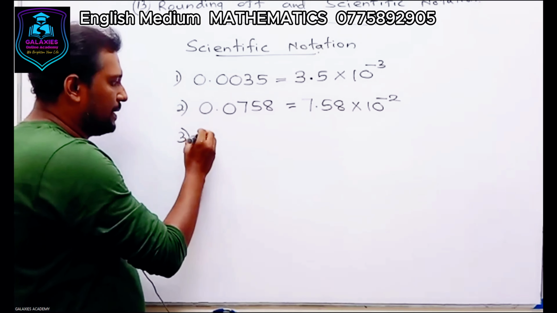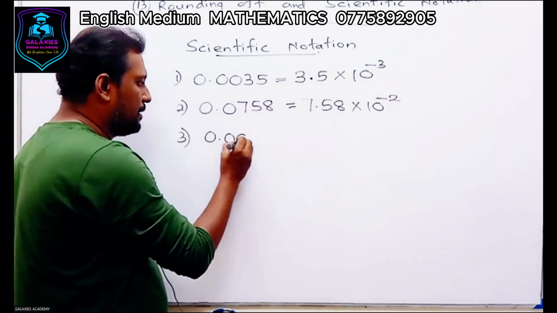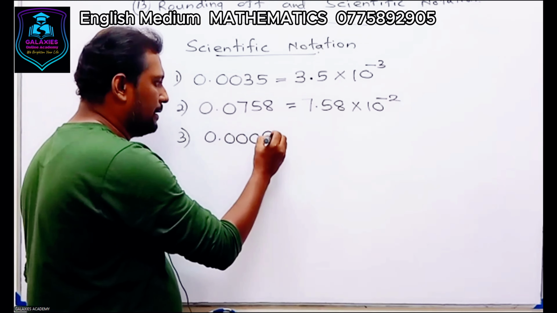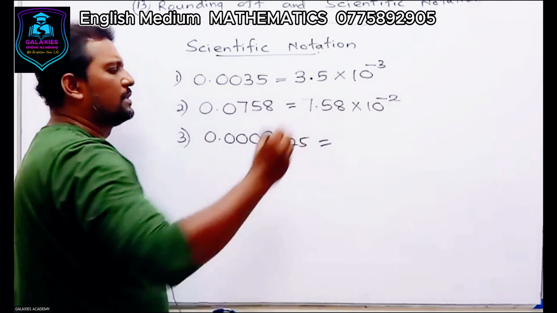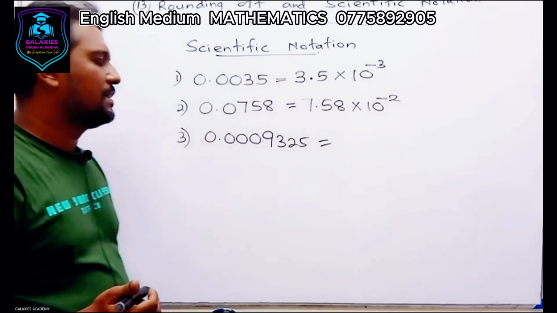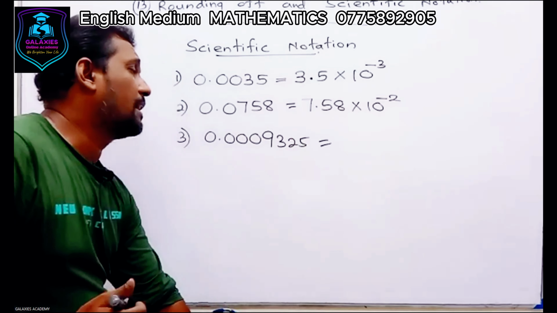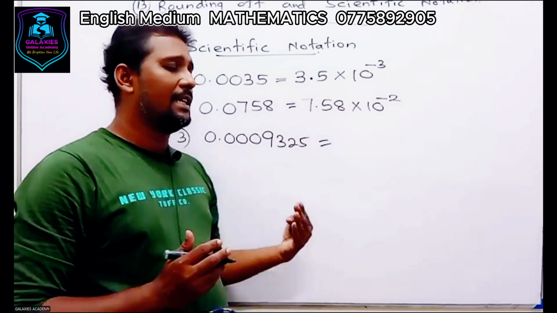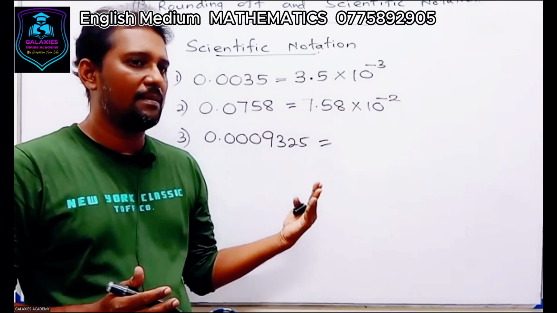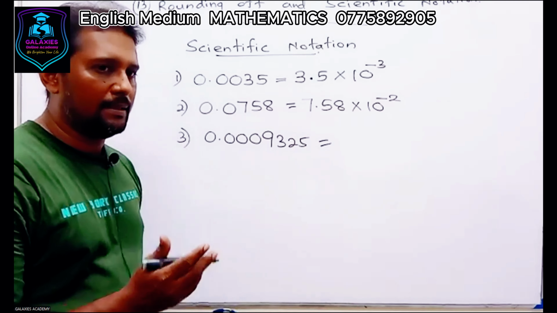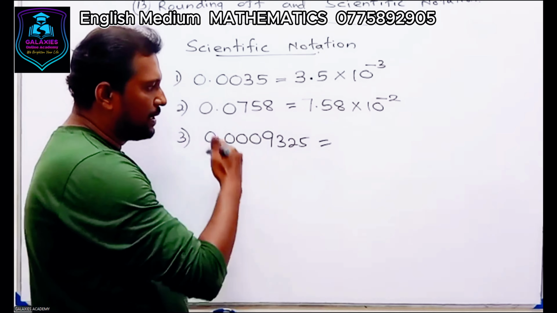Third example, 0.0009325. Can you tell me what is the scientific notation, where you have to keep the decimal point after the first digit? What is the first digit of this number except 0? 9. So you have to keep the decimal point after 9.